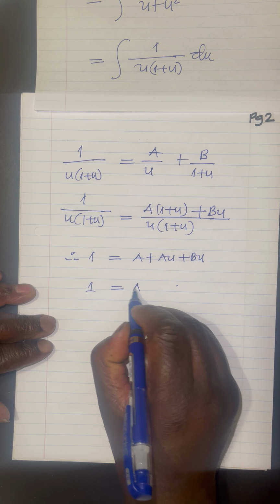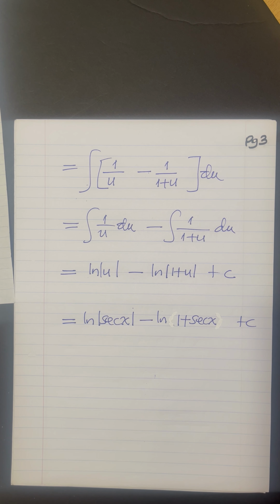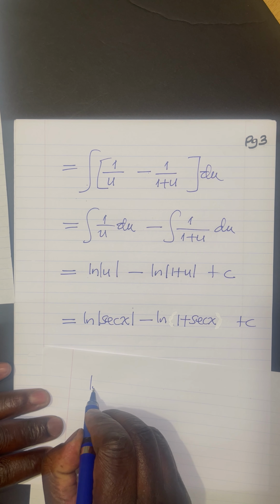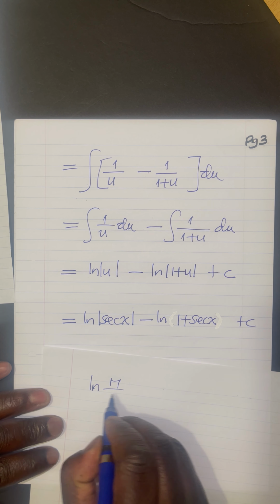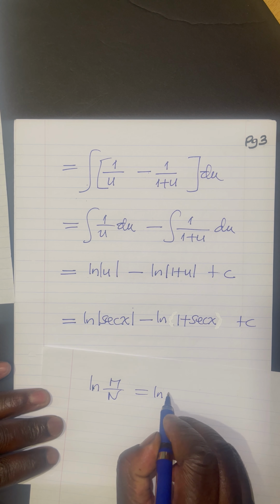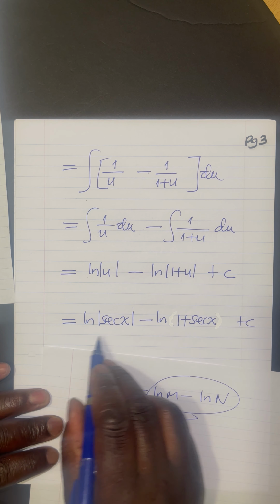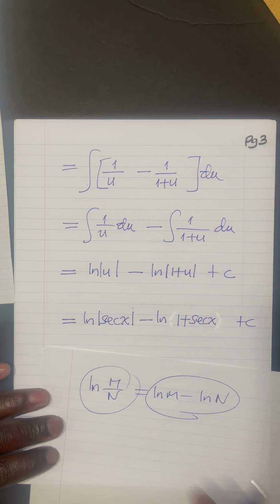But if you want, we can actually write this as an expression with one log by using laws of logs. Let me remind you the law of logs I'm focusing on. Basically, natural log of m over n equals natural log of m minus natural log of n. This part here is that part that you see. Therefore, I need this form.